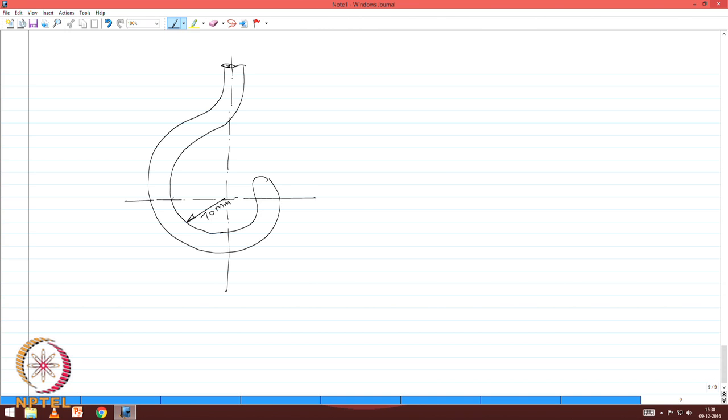We want to compute the stresses at 2 points A and B when this is subjected to a load of 10 tons. The cross section of this looks like this as a trapezium section.